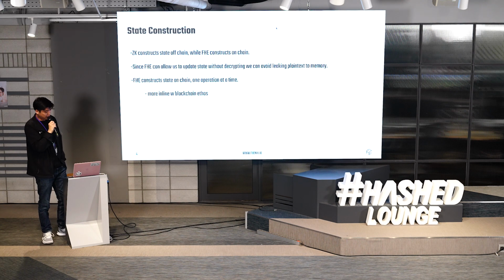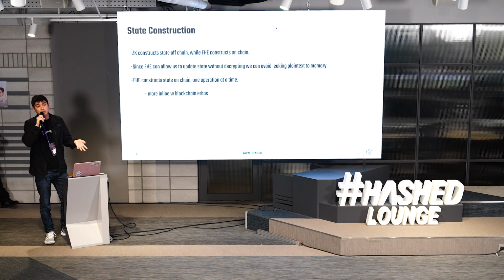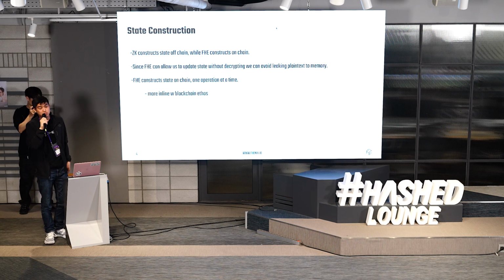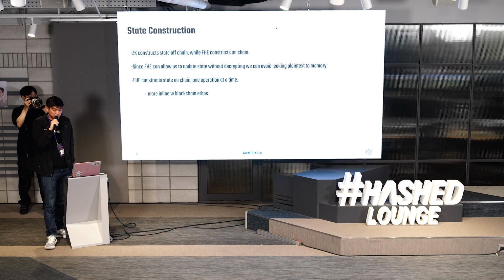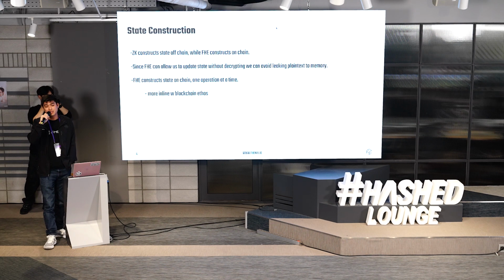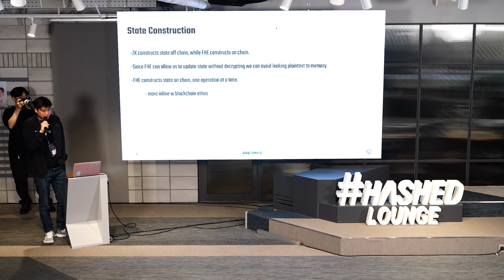And just to really drive this point home, ZK is constructed off-chain while FHE does the operations on-chain. And since FHE allows us to update state without decrypting, we can avoid leaking plain text to memory. Leaking plain text to memory is one of the biggest vulnerabilities, generally speaking, in cybersecurity, because if there's a trace of it somewhere on some stack, then that's a vulnerability that a hacker could abuse.